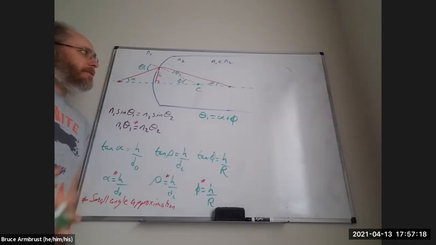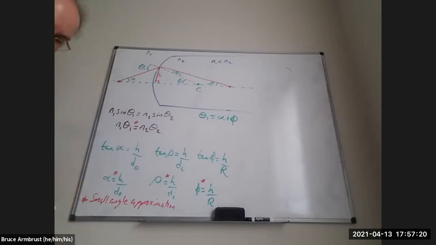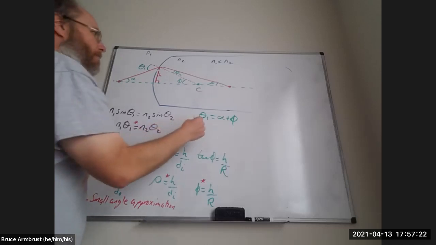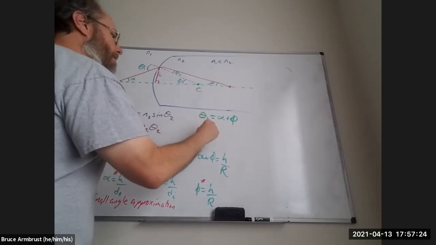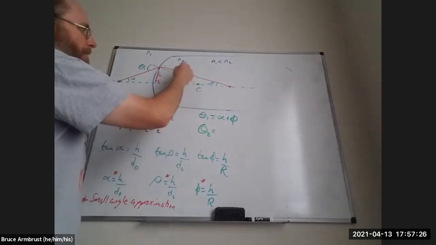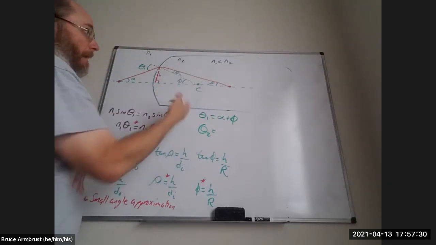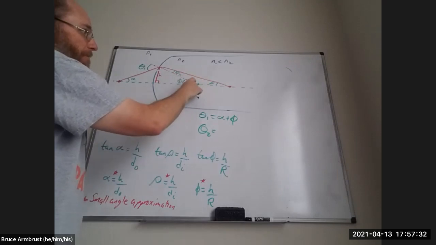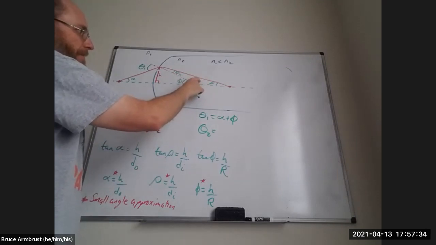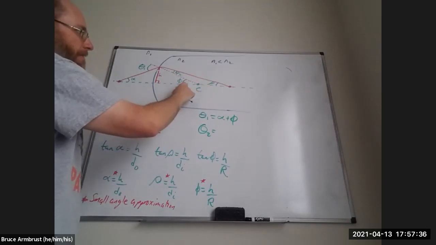So just a little geometry there. And then theta 2: if we do some geometry on this guy, you can do the same thing and go, well, theta 2 plus beta plus this angle equals 180. So theta 2 plus beta equals phi.